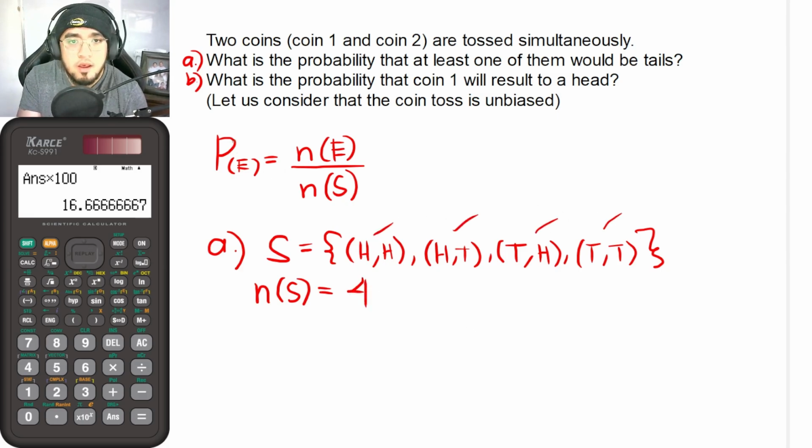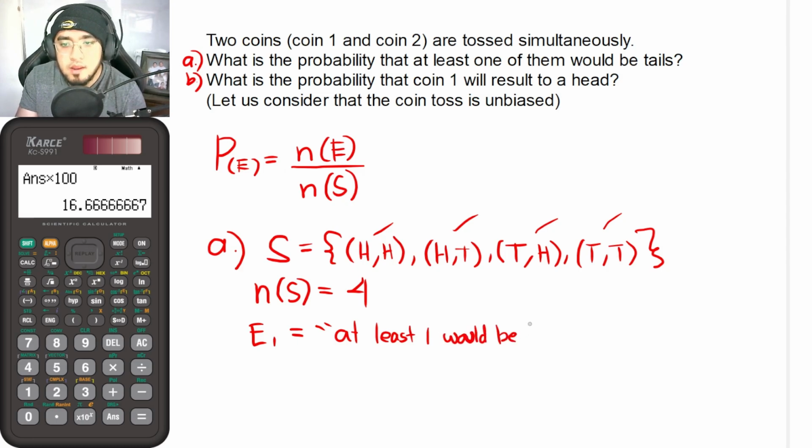Okay, so for letter A, I will now be naming the event as event 1, meaning that event 1 is at least 1 would be tails, as indicated in the problem. Okay, so let us now list all of the possible outcomes where at least 1 would be tails.